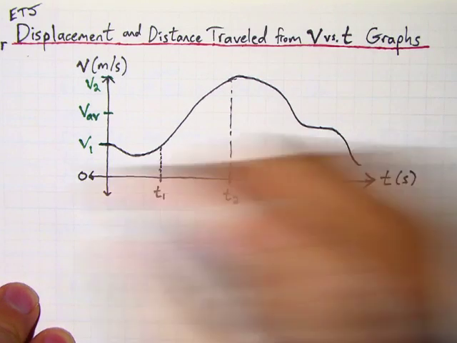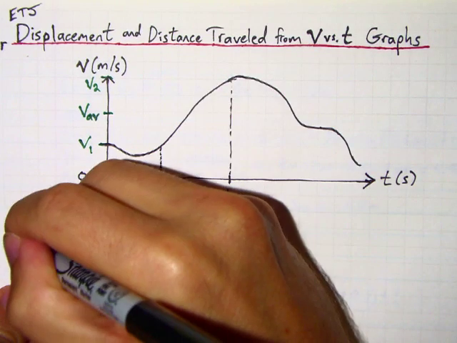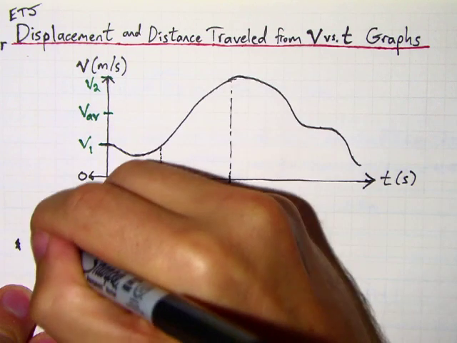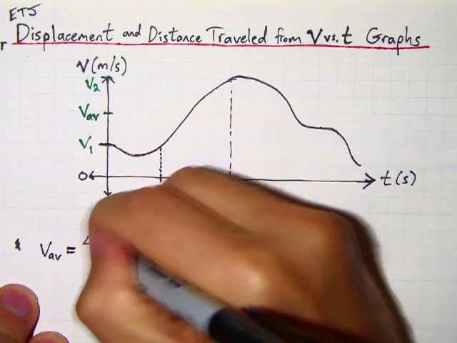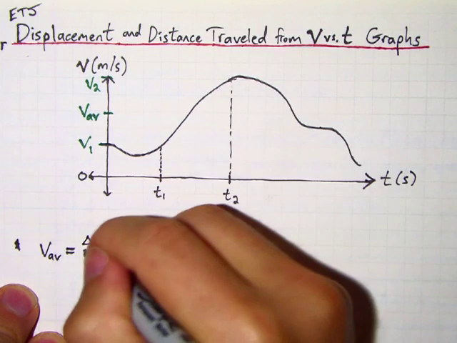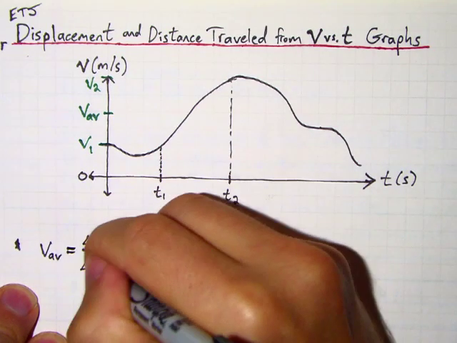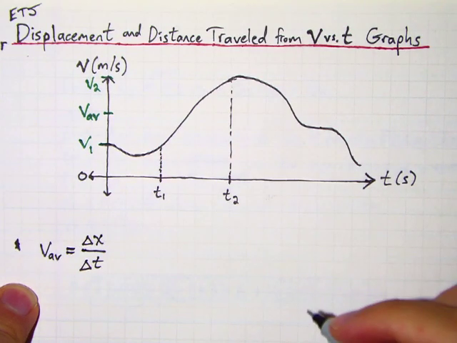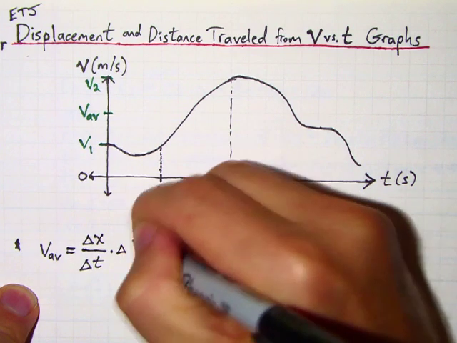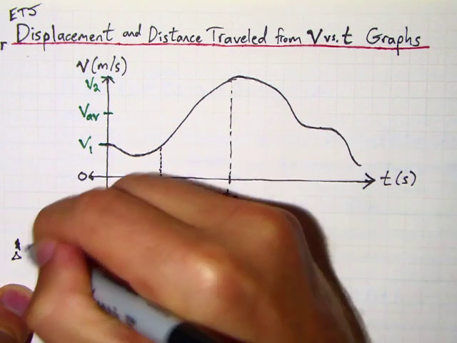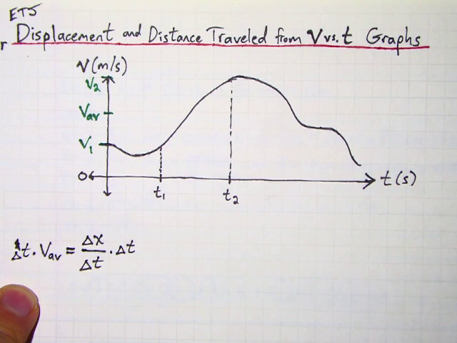Well, let's go back to the definition of average velocity. The average velocity over a time interval can be found from the change in position over the change in time. If we rearrange that equation a little bit, let's multiply both sides by delta t.